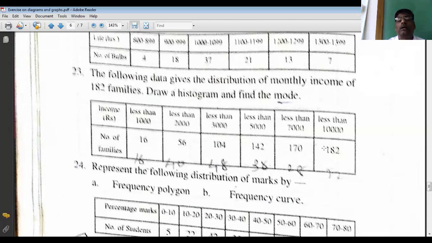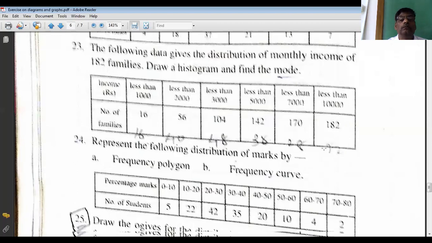That cumulative is to be converted into normal frequency. Then you have to solve the problem. This is also a complication for you. I don't know whether you can solve it or not. You leave this problem. I'll solve this problem if necessary.